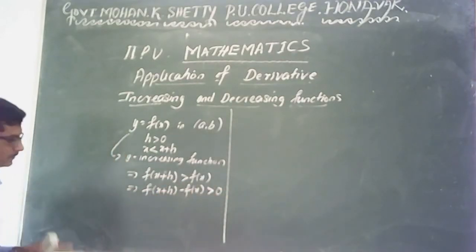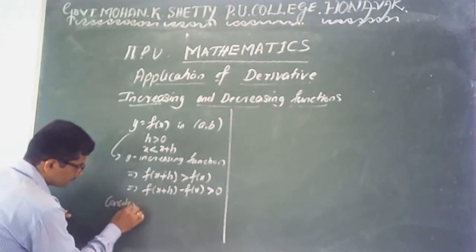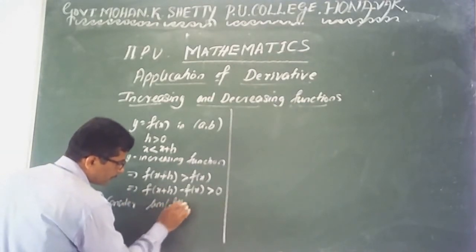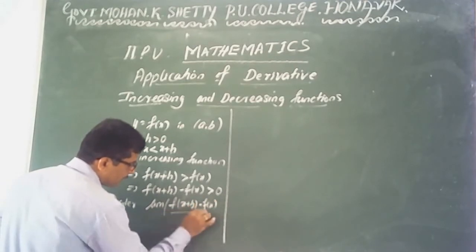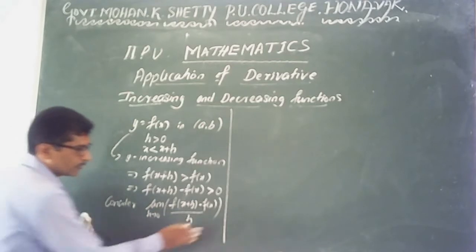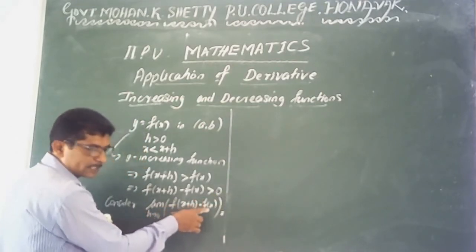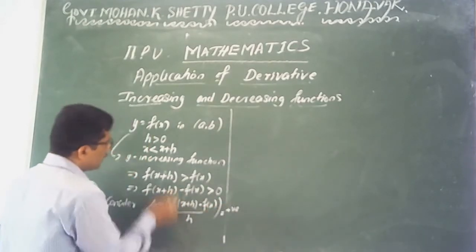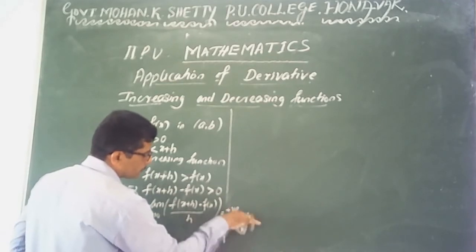It's clear? Let us consider. We know the definition of derivative, the limit of f of x plus h minus f of x divided by h as h tends to 0. Here f of x plus h minus f of x is positive, therefore the numerator is positive. h is positive, therefore the denominator is also positive, so the total is positive.